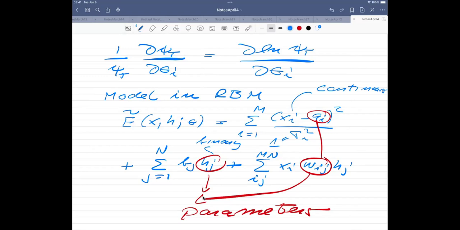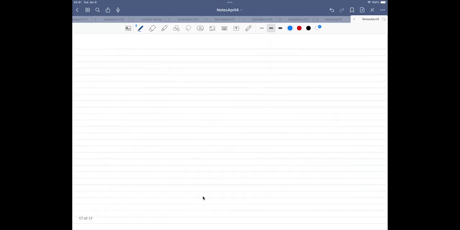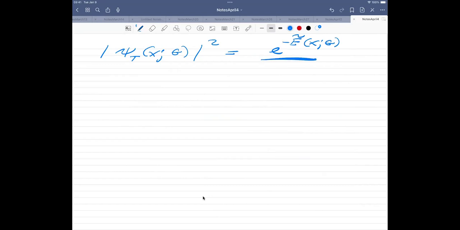So if we now look at the trial wave function which we are going to have, the standard assumption is that the trial wave function is going to be given by this marginal probability. And we are going to put that one equal to e to the minus E tilde of x, theta. So we are integrating away these parameters h.